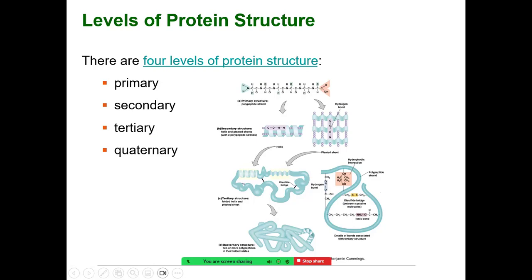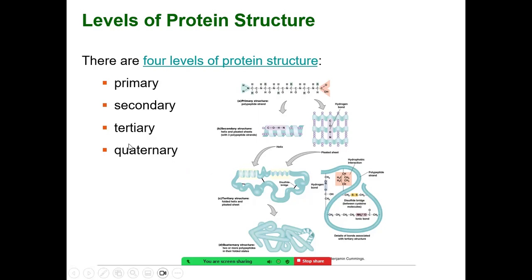Some proteins never go higher than the tertiary level because they only have one polypeptide unit forming the protein. All enzymes that I know of only go as high as the tertiary structure because all enzymes only have one polypeptide forming the finished protein.